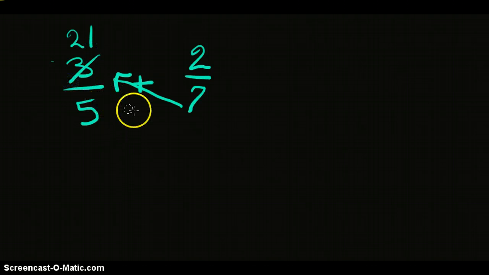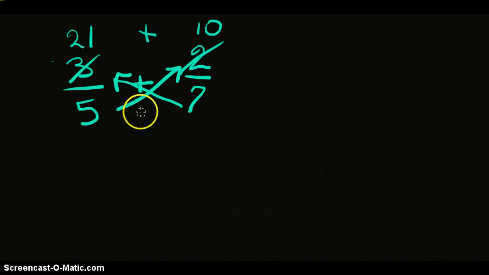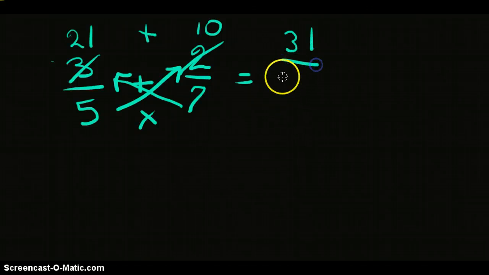That becomes a new numerator. 5 times 2 becomes 10, another new numerator. And I'm just going to add those together. I'm going to multiply my denominators. And this is what I come up with, 31 over 35. And that's as low as I can go. So it's a perfectly legitimate fraction.